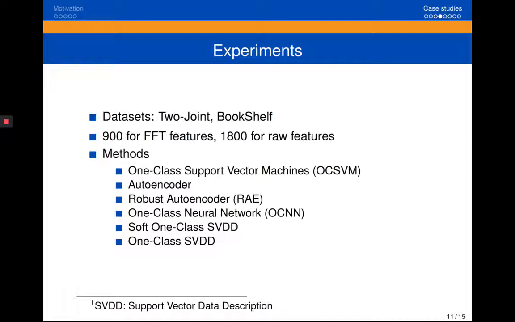The methods applied and compared against are the one-class support vector machines, the autoencoder, the robust autoencoder techniques, the one-class neural network, as well as the one-class SVDD, both the soft and the hard margin approaches.